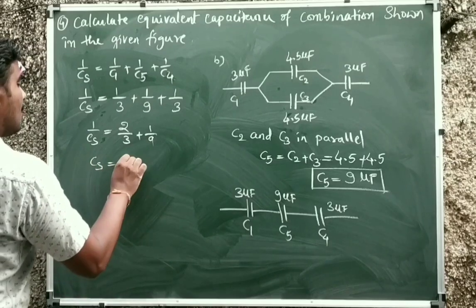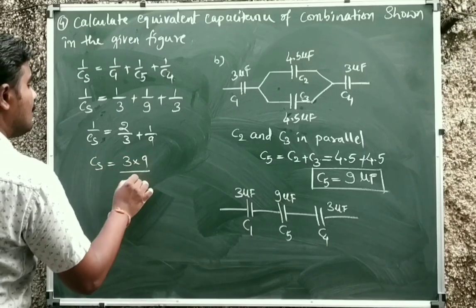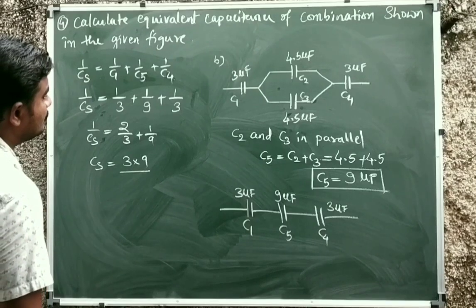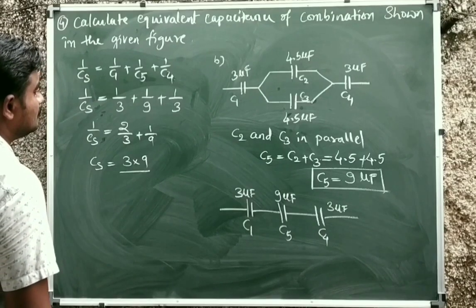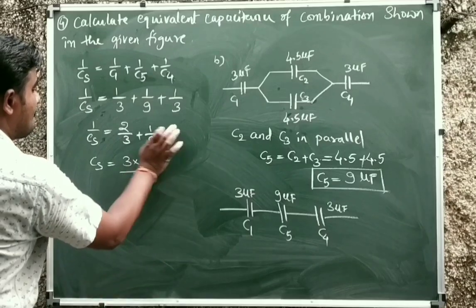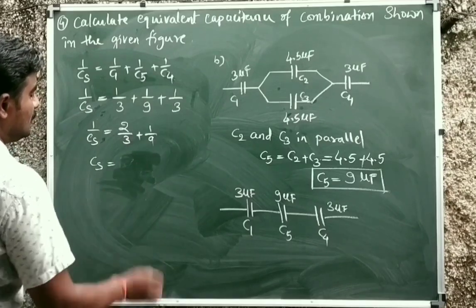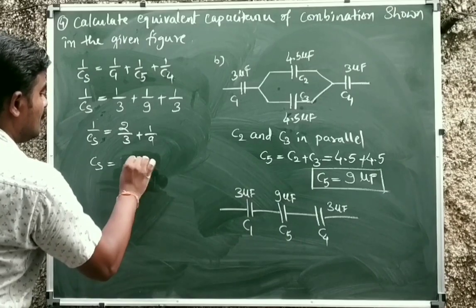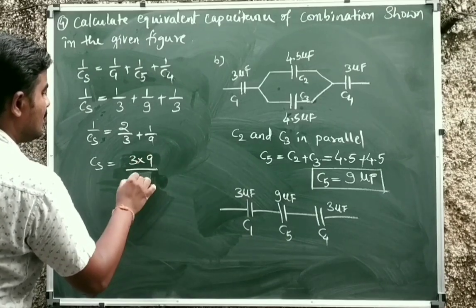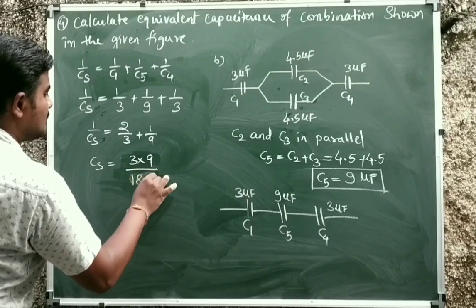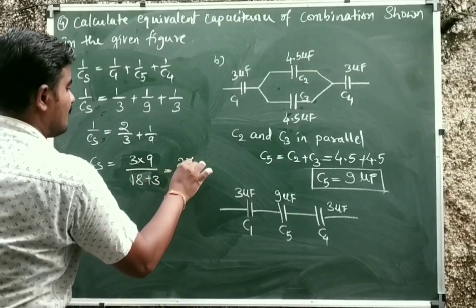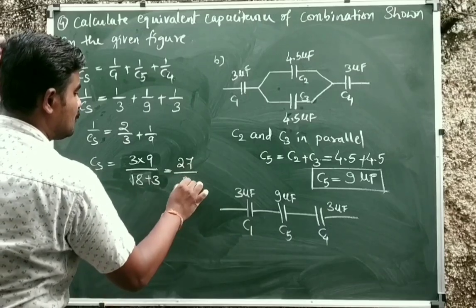Or Cs is equal to 3 into 9 divided by 18 plus 3. So 9 3s are 27 divided by 18 plus 3, which is 21.